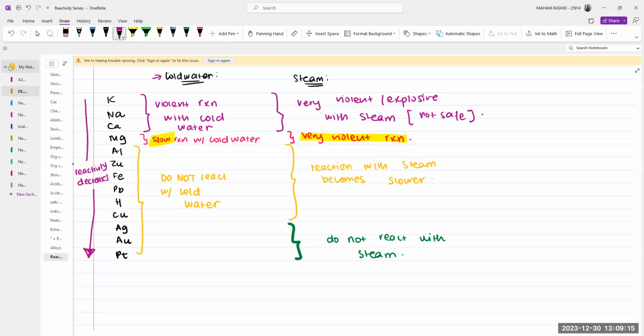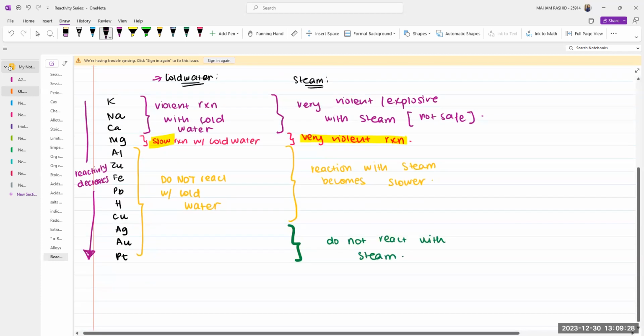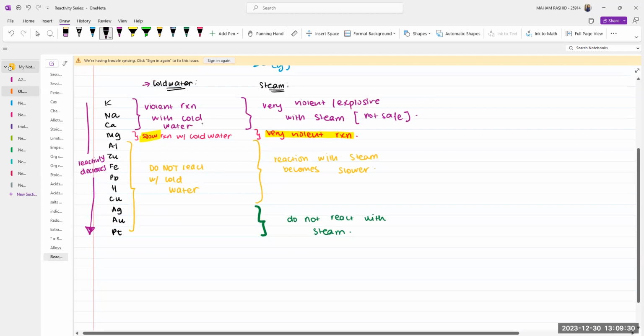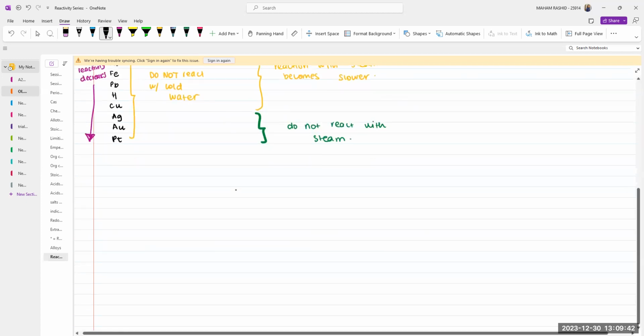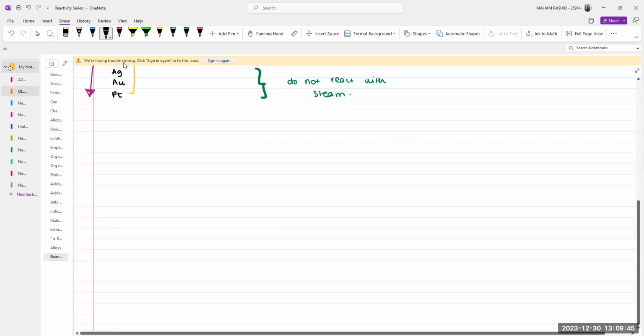And the ones above, from aluminum till copper, do react with steam, but the reaction is very slow, right? So you need to keep all of this in mind while you are doing these questions, because they are going to ask you for the observation, and you need to write if the reaction is violent, if it's explosive, if it's slow, or in the case if it does not react, you need to mention that as well. So first we'll move on to the reactions with cold water.